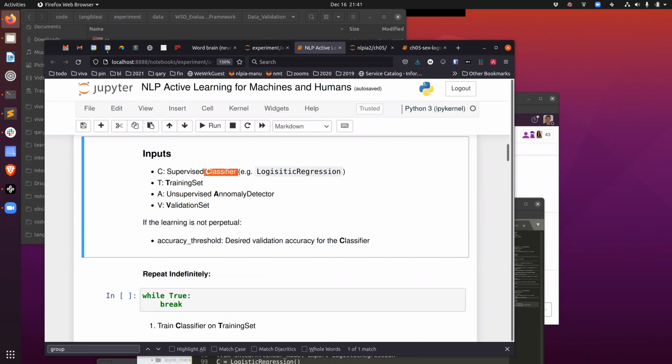A classifier is something that detects or tries to estimate whether an object is in one class or another, but it does it only from data. The example we're going to use today is trying to guess the sex of a person from their birth certificate first name.